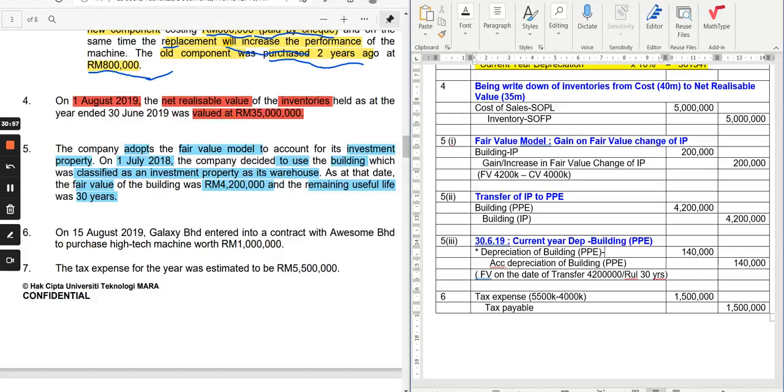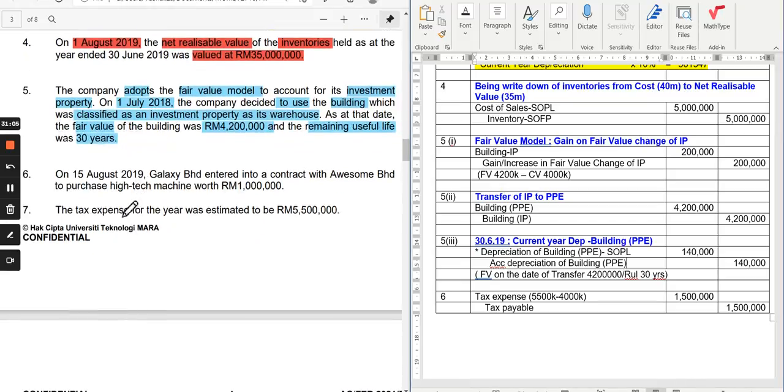This will be under your SOPL, under admin expenses, and this has to be adjusted when you prepare your notes. Number 6 is the item on tax. But item number 6, no adjustment actually, because this is just for you to disclose. This is an example of capital commitment. You need to write this down in your notes to the accounts, and you just need to copy this and put it in your notes to the accounts.